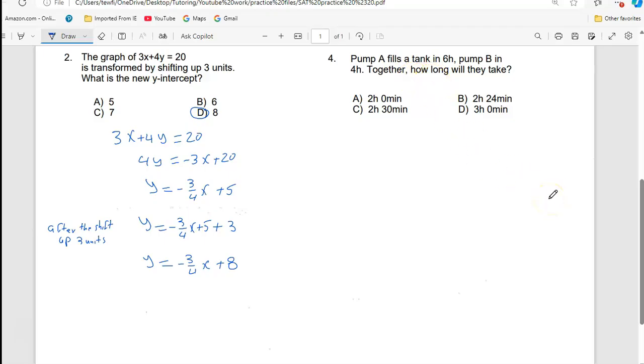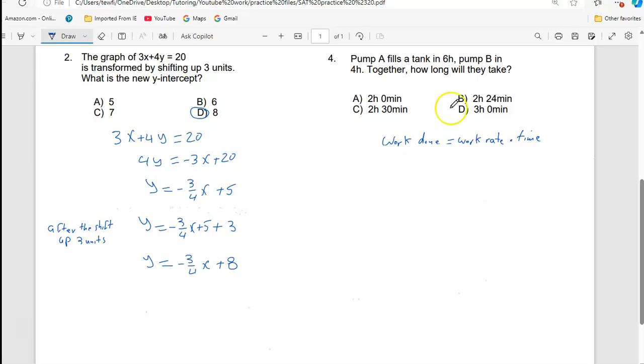So we're going to use the work done equal to the work rate multiplied by the time.